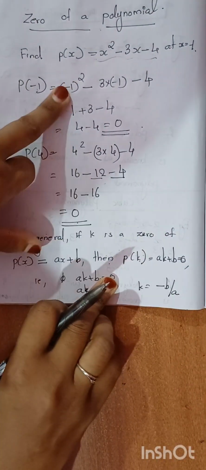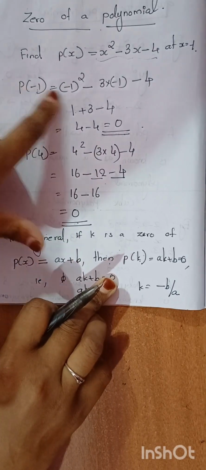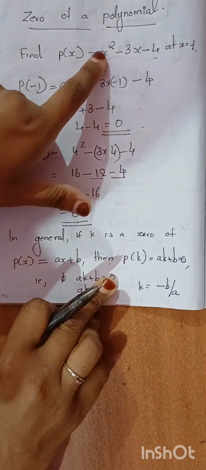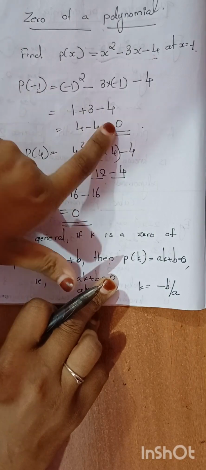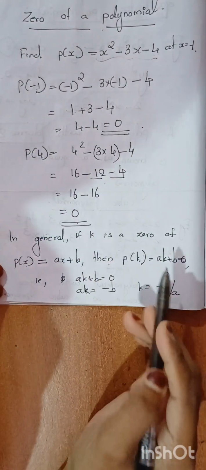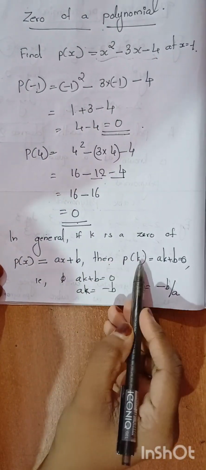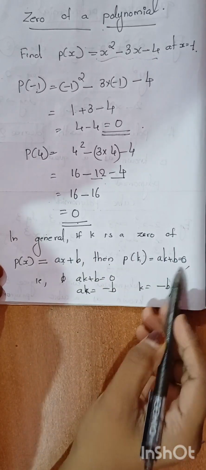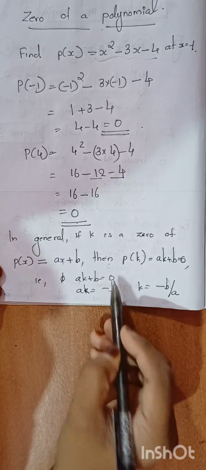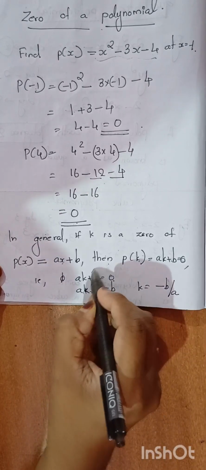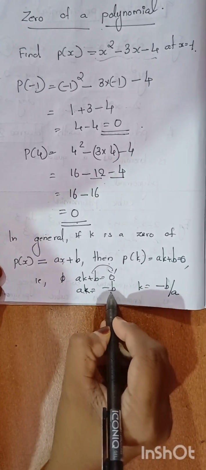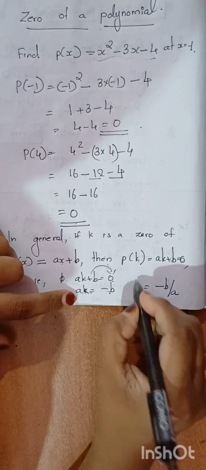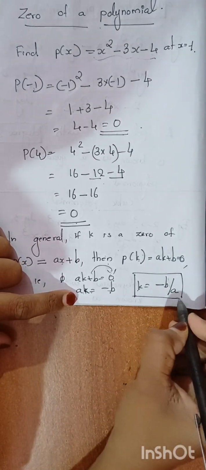Here we have seen that minus 1 is the zero of the polynomial, means we substitute x by minus 1 and we got the answer 0. Similarly here also, if you substitute x with k, ak plus b will be equal to 0, ak is equal to minus b after taking b to the RHS, then the value of k will be equal to minus b by a.